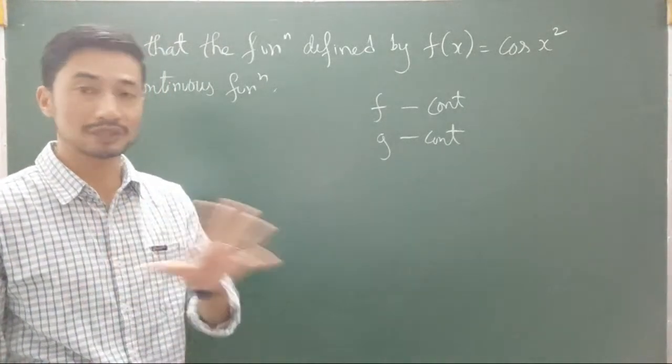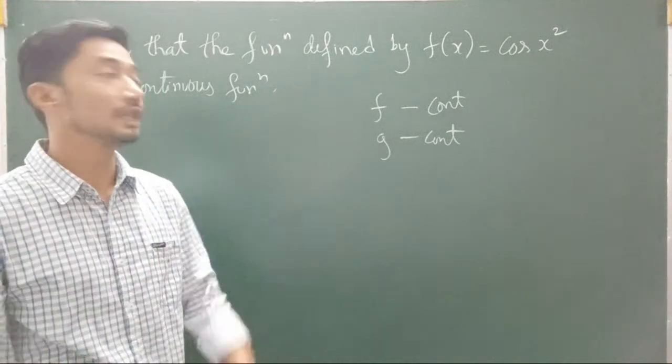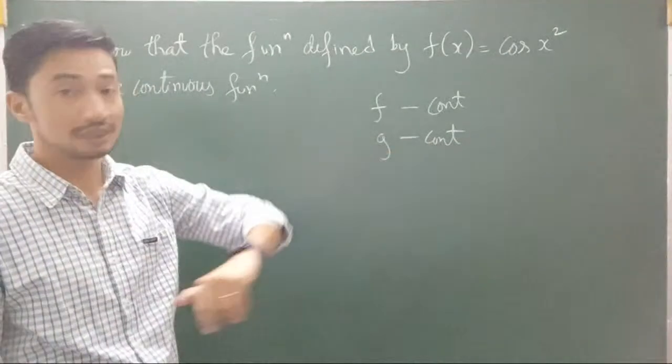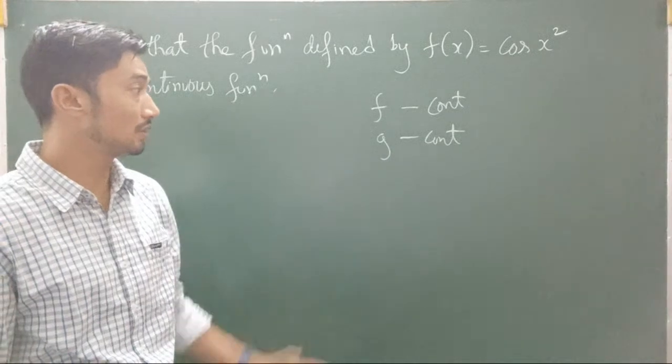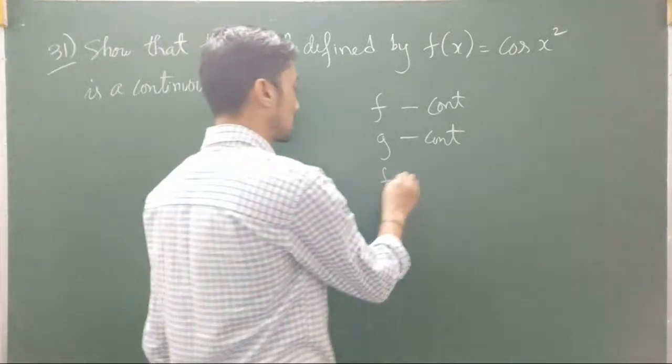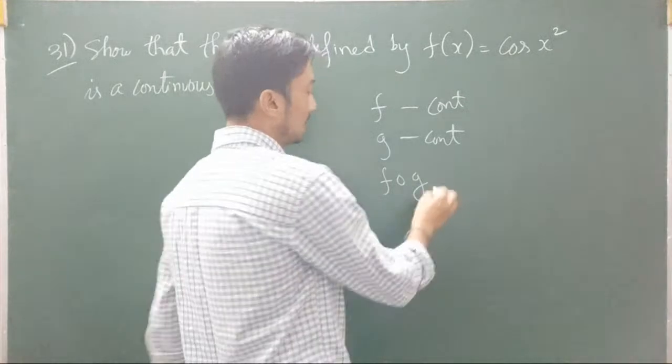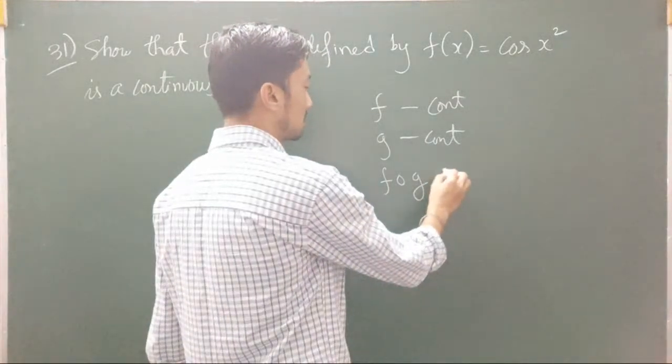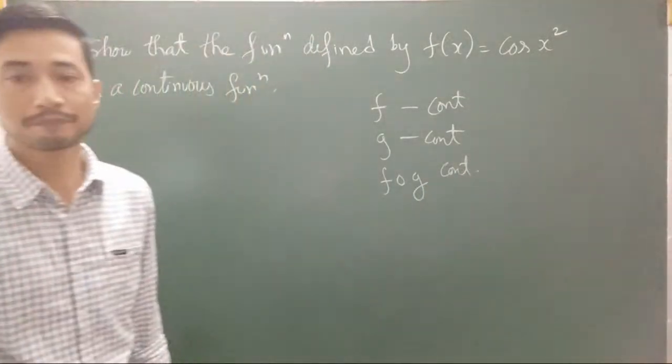So that's why I made a special separate video on that only. If f is a continuous function and g is also a continuous function, then their composite, if it exists, is also continuous.